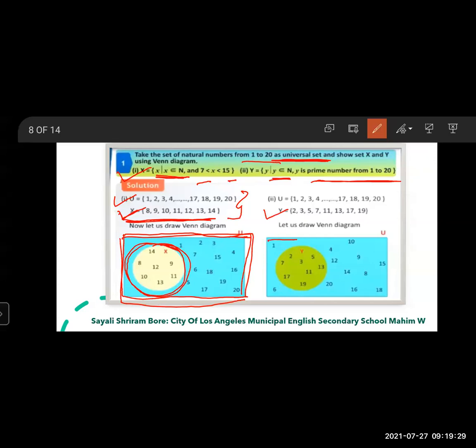Same, draw a rectangle, that is the universal set, and in that rectangle, show it by a triangle, square, circle, oval, representing the set Y. And in the set Y, which are the elements 2, 3, 5, 7, 11, 13, 17, 19, and the remaining elements, you show it outside the circle. You show it where? Outside the circle.